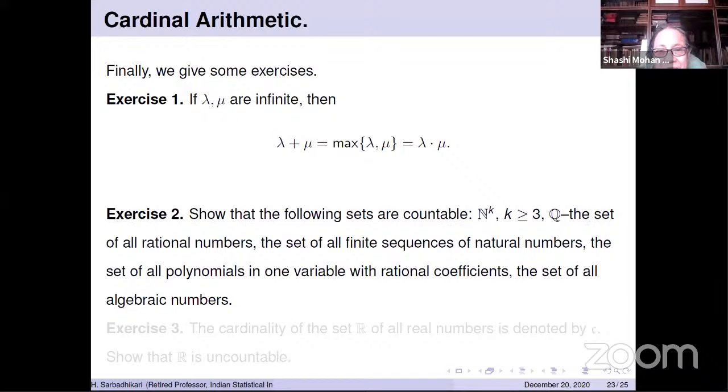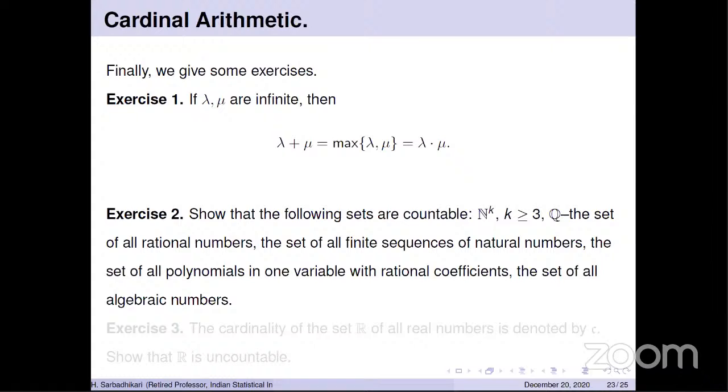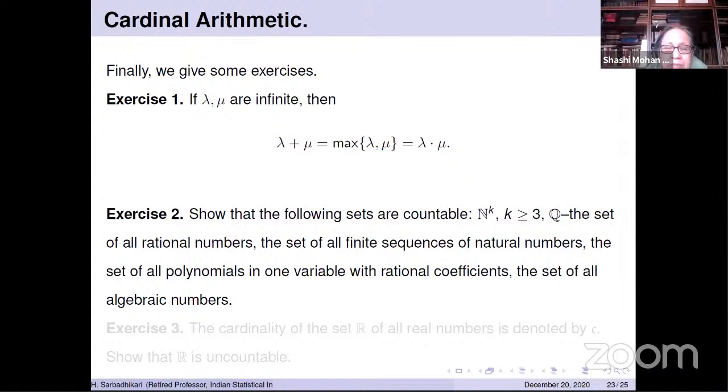What about the set of rational numbers? Can anybody say whether that's countable?